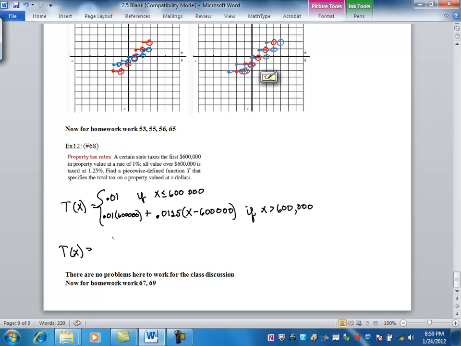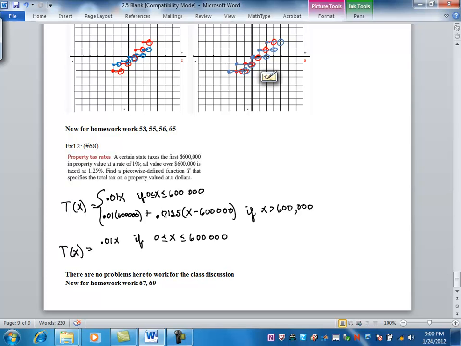T of x equals 0.01x if, and I need 0 there, not going to make any sense if we make negative money, 0 less than or equal to x less than or equal to 600,000.